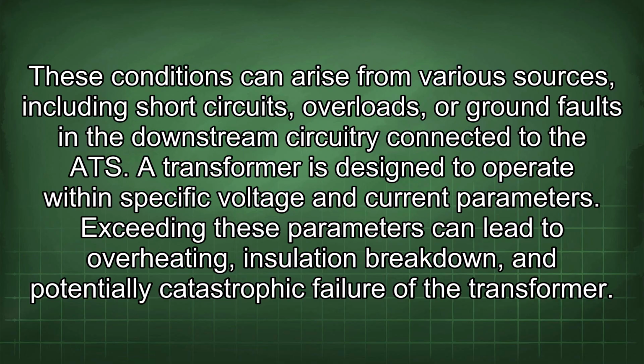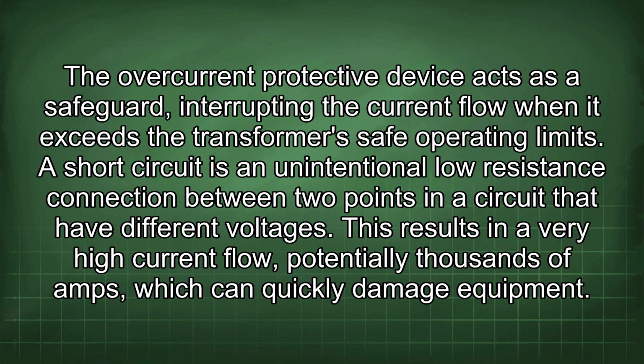A transformer is designed to operate within specific voltage and current parameters. Exceeding these parameters can lead to overheating, insulation breakdown, and potentially catastrophic failure of the transformer. The overcurrent protective device acts as a safeguard, interrupting the current flow when it exceeds the transformer's safe operating limits.